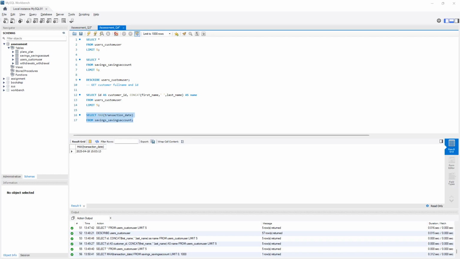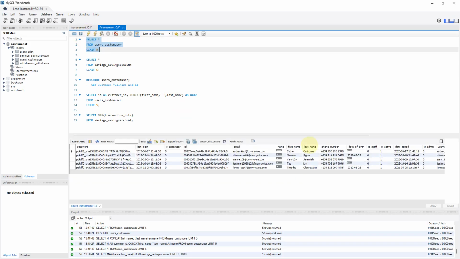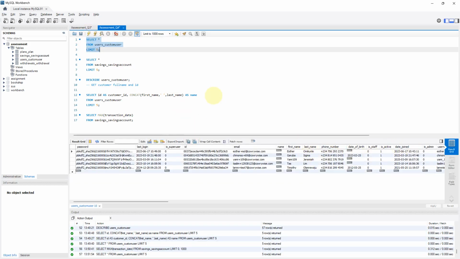There is a syntax for that for MySQL. Okay, fine. I think what I also need here from the user table is also date joined.